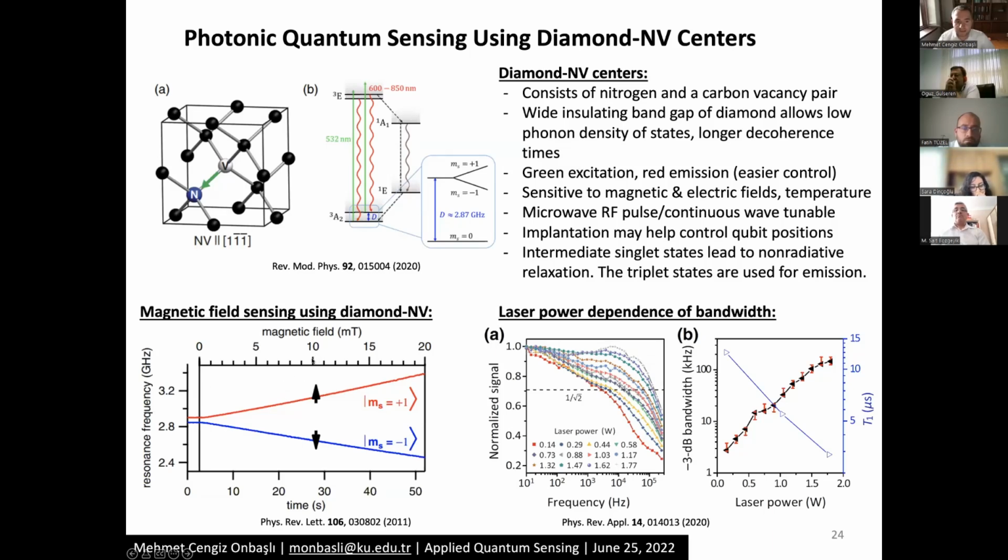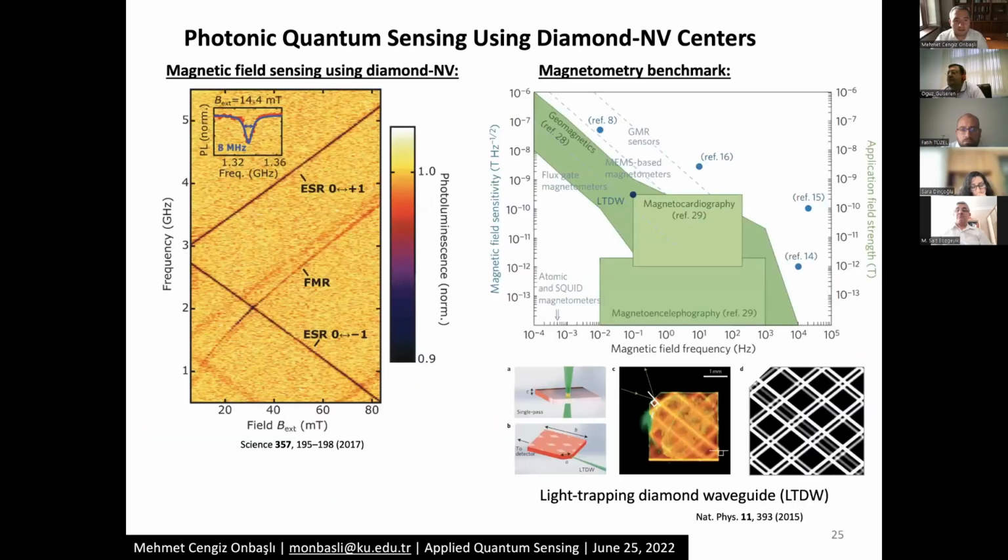So we actually take a slice through the spectrum and see that these red and blue points cause a dip in our measured spectrum. And people have also shown how applied optical power can change our bandwidth by more than an order of magnitude.